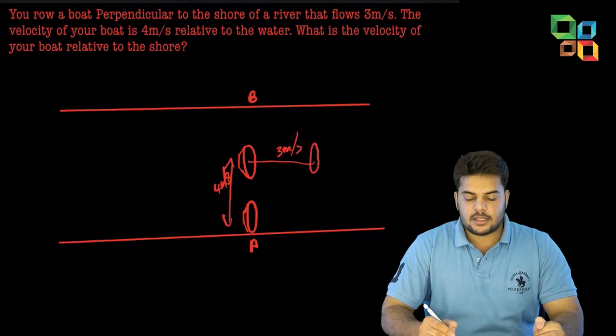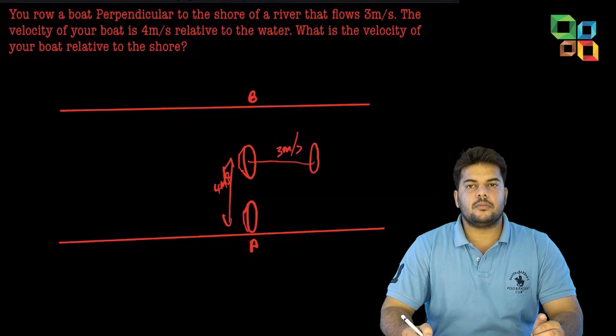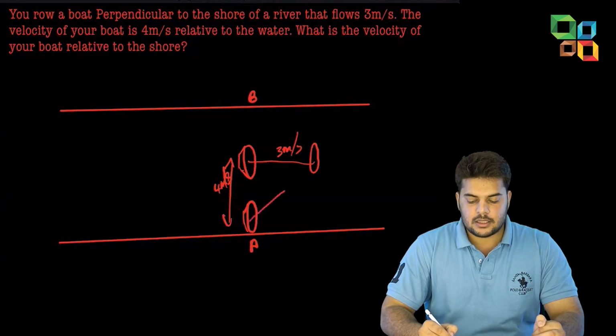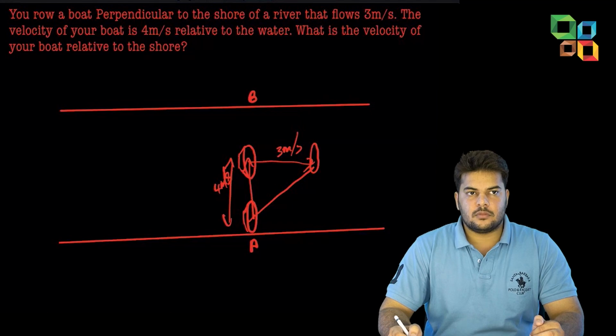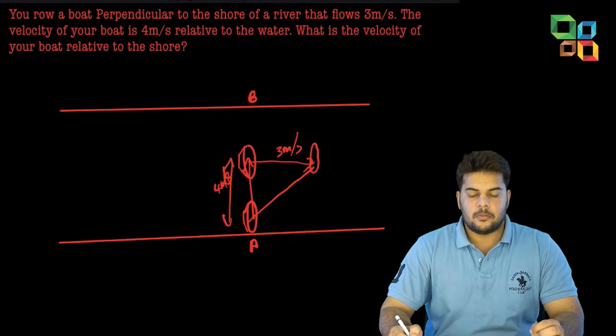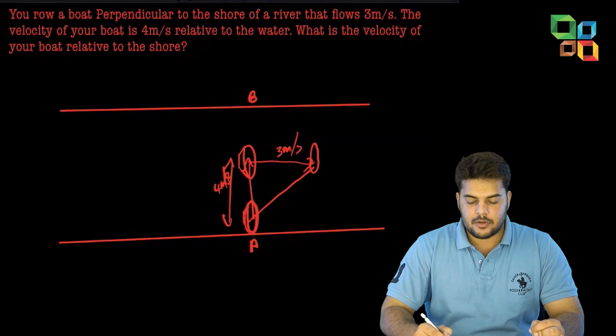Okay. So in 1 second, what is the displacement of the boat? This is the displacement of the boat. You can see it, right? So first displacement plus the second displacement in 1 second. So we can find it now. What is the total displacement? The boat was here, now it is over here.